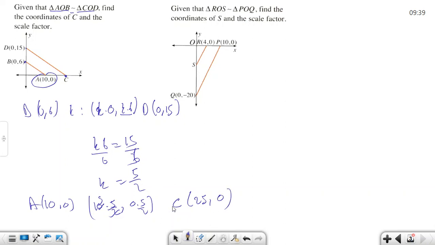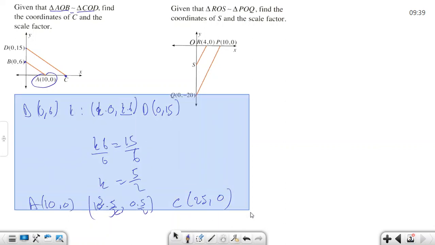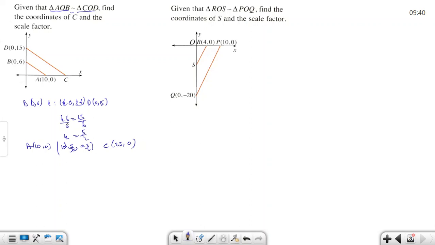That's one way to solve this question: calculate the scale factor, then multiply A, since C is the image of A. That's the first way.